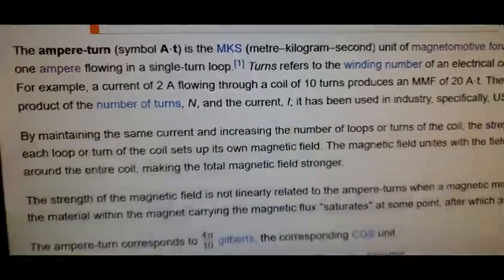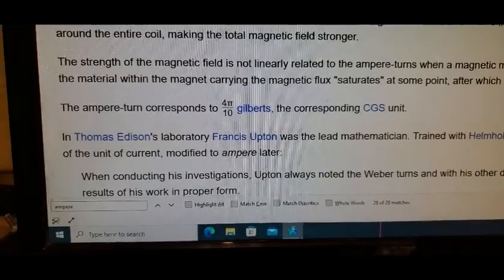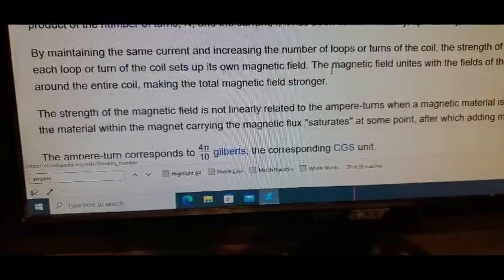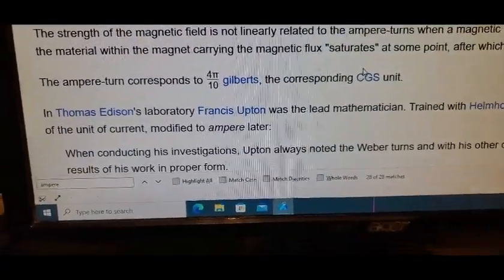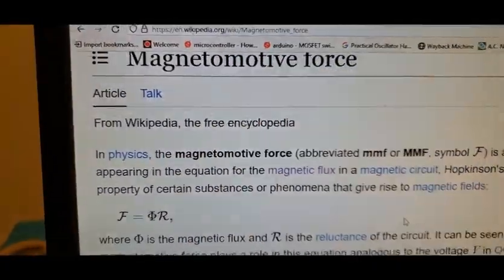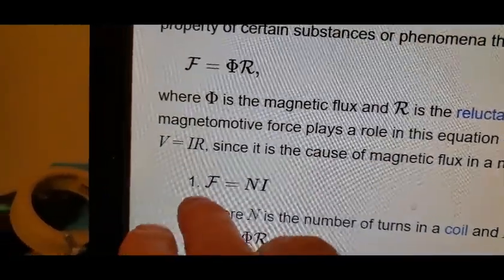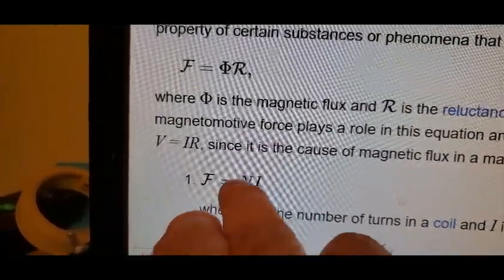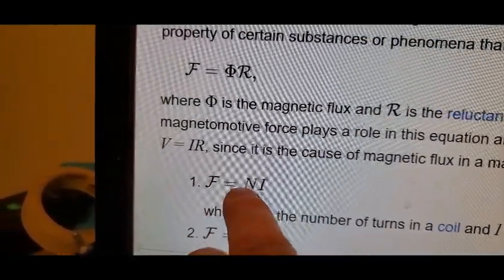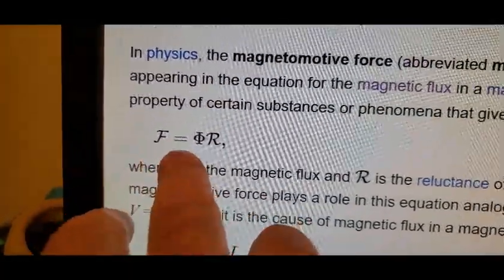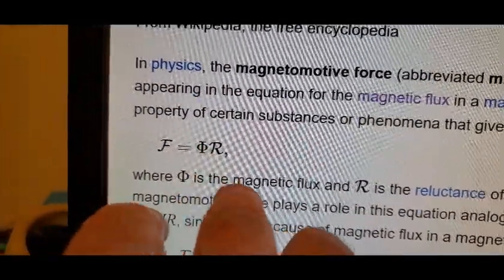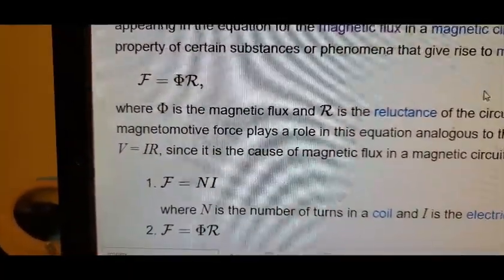And if we go back here, we can see, in this discussion on magnetomotive force, again, magnetomotive force is amp turns. It's turns times amps, but it's also magnetic flux times reluctance.